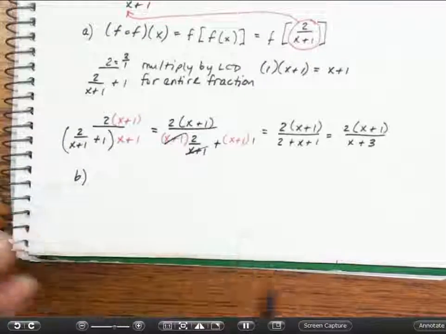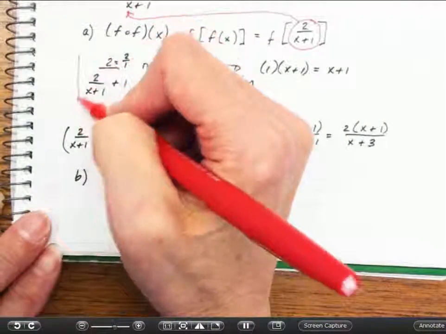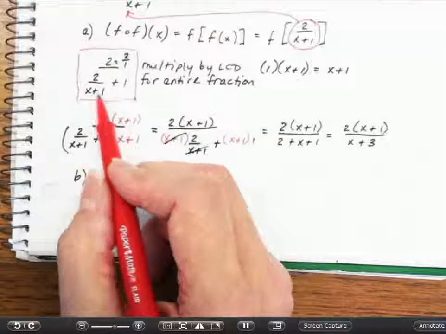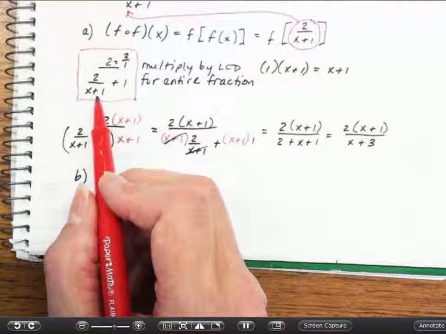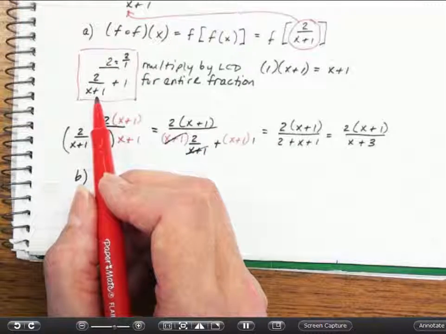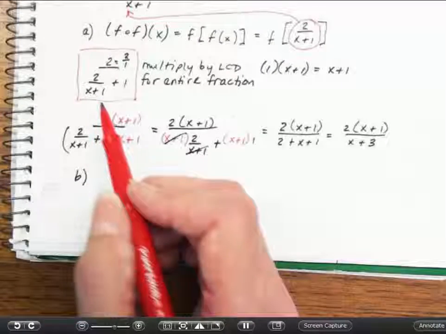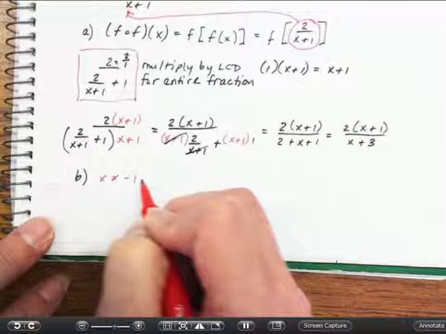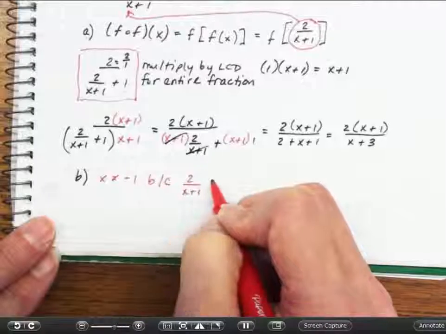Okay, it says determine the domain. So to determine the domain, we have to look at the unsimplified version first. So looking at my unsimplified version first, what do I know is not allowed? -1, because if I have -1, my fraction is undefined, not 0, undefined. Okay, so I know that x cannot be equal to -1, because then 2 over x plus 1 would be undefined.